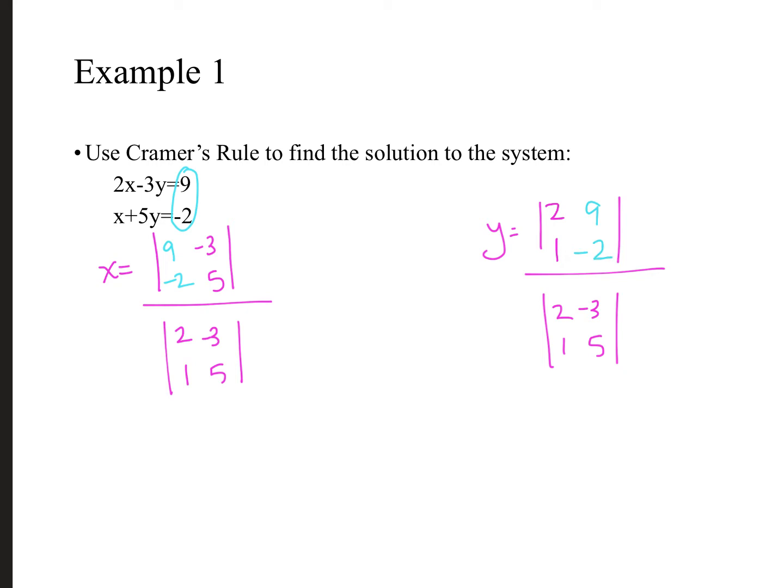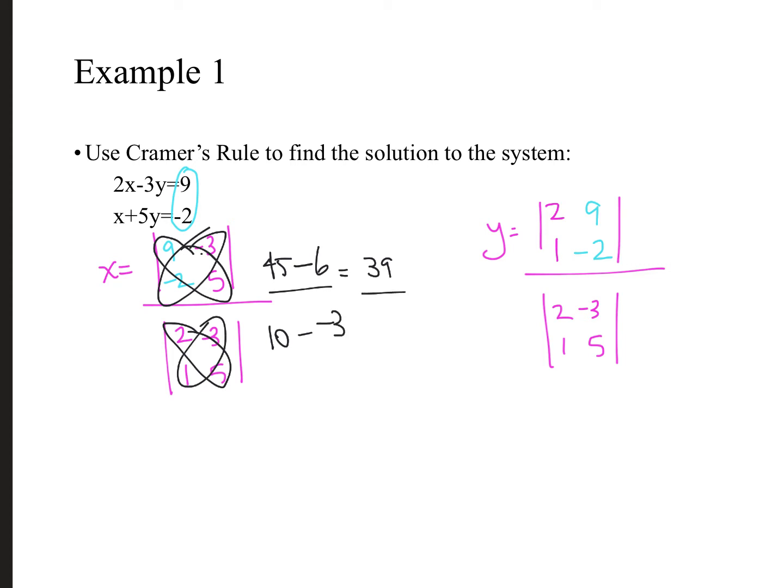All right, so now to simplify these, we just multiply down and subtract the multiplication up. So this is 39. Down here is 10 minus up, which is -3, gives you 13. And that simplifies to be 3. The x coordinate is 3.